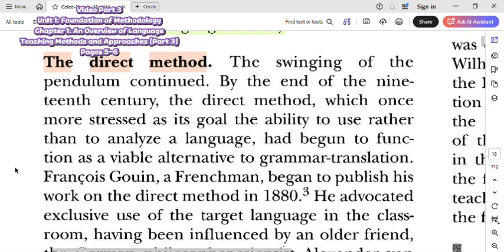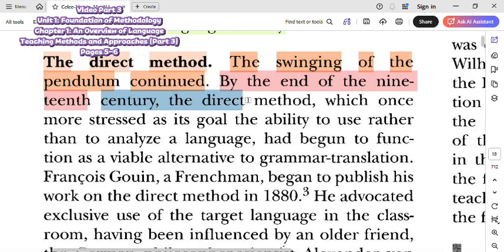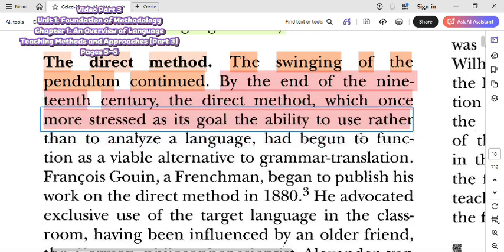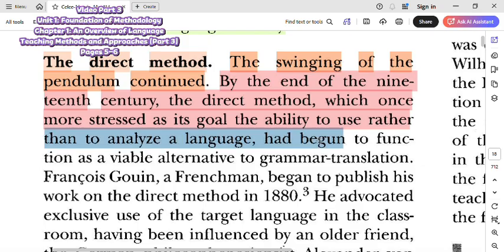Page 5, Column 1, Paragraph 2. The direct method. The swinging of the pendulum continued. By the end of the 19th century, the direct method, which once more stressed as its goal the ability to use rather than to analyze a language, had begun to function as a viable alternative to the grammar translation method.